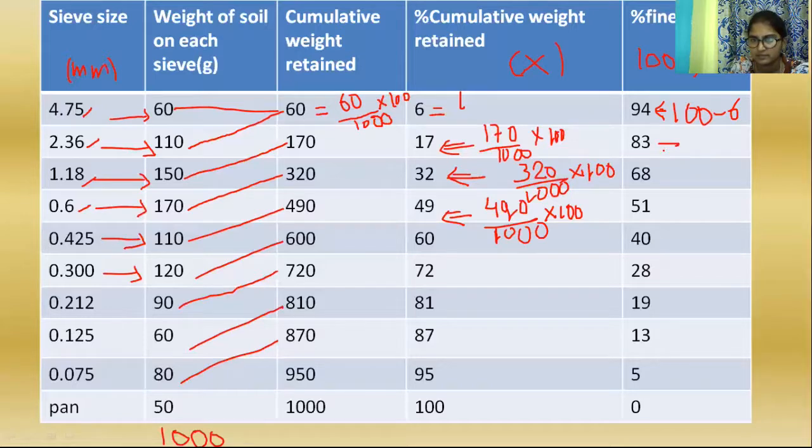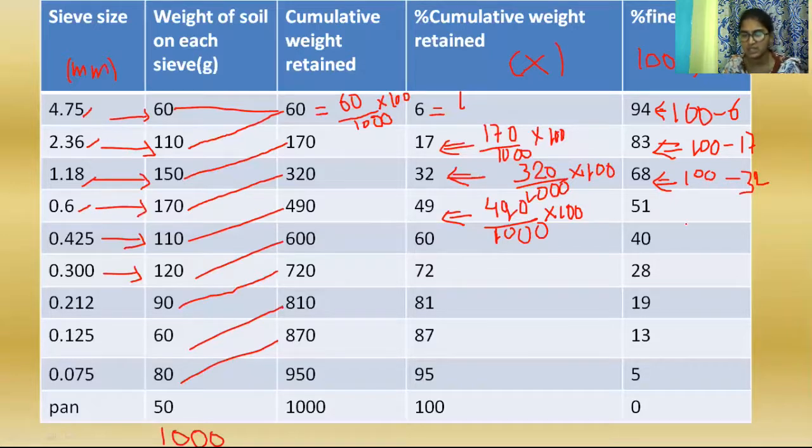Next, 100 minus 17 is 83. Like this you can solve the remaining columns. 100 minus 32 is equal to 68.